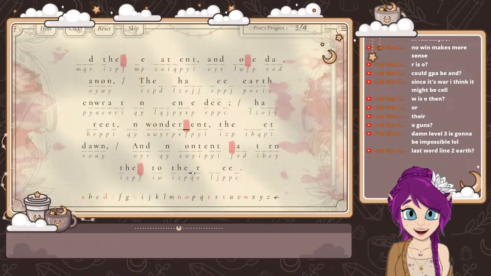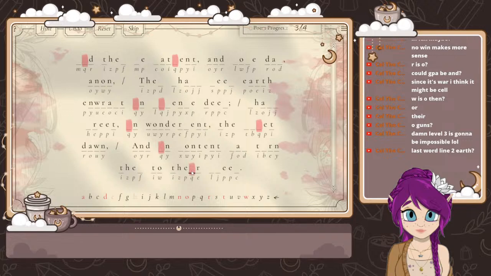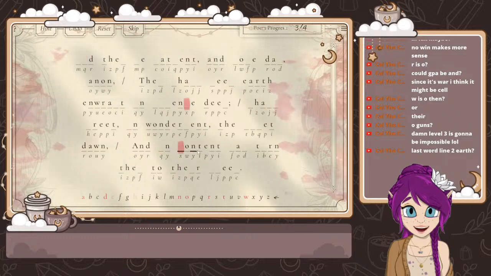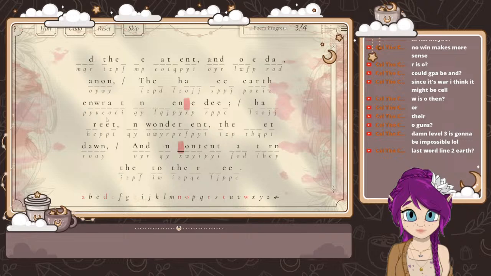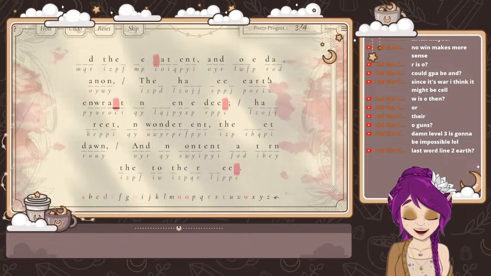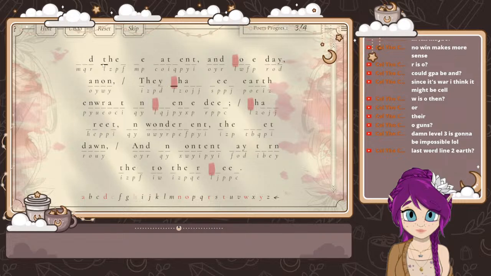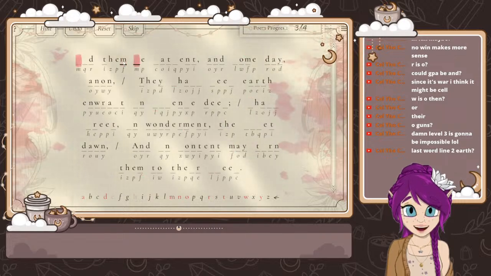We will figure it out. Potent? No. Because this I don't think is a word. Enwrapped? Anon? I think this is day. So this is probably them?